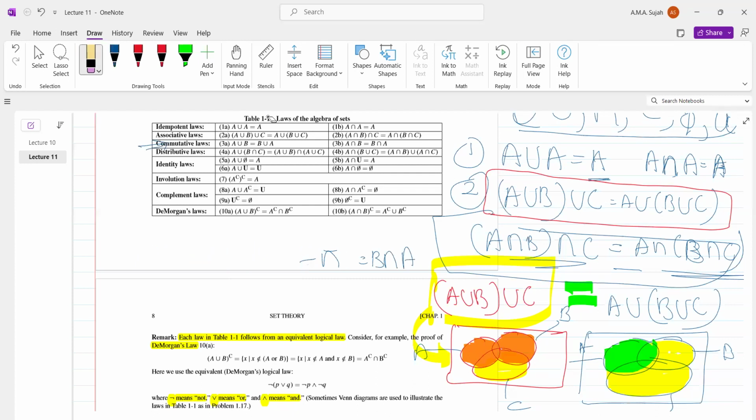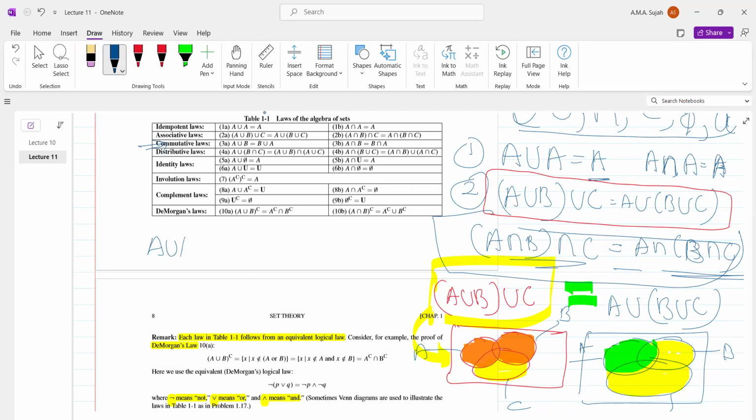Fourth one, distributive law. Distributive law means A union, within parentheses, A union B intersection C. Okay, I will explain from this one, right?